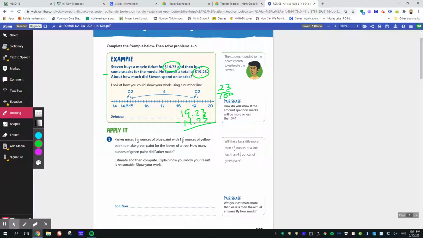And if we go to here, that's minus 2 tenths, minus the 4 to get to 15, and then minus 2 more tenths. Where he was about the 14.80, which is what this guy is, right? So it's about 4 and 4 tenths. All right. But this will give you the exact answer.